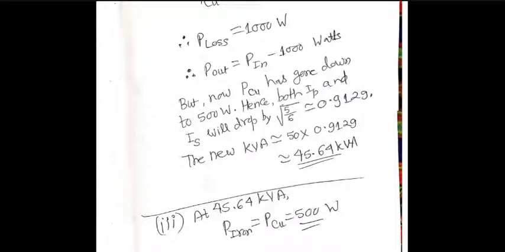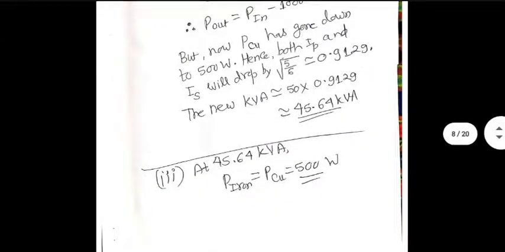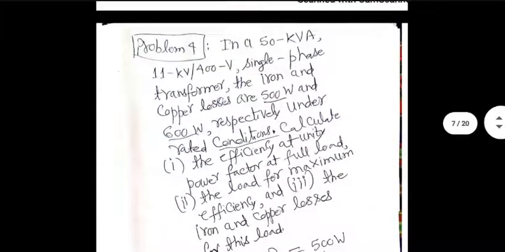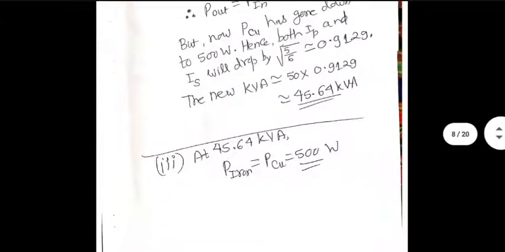So the new kVA is 45.64. And at this load, iron and copper losses will be equal to each other, and they both will be 500. You can divide this 45.64 by the secondary voltage to get the secondary current at this condition of maximum efficiency.